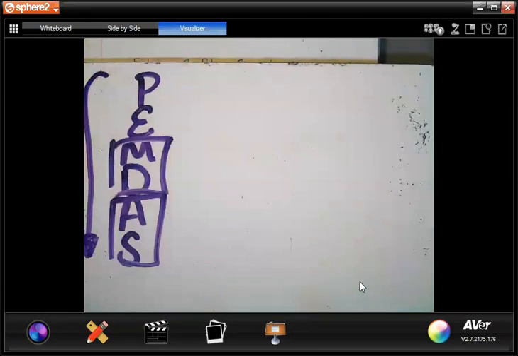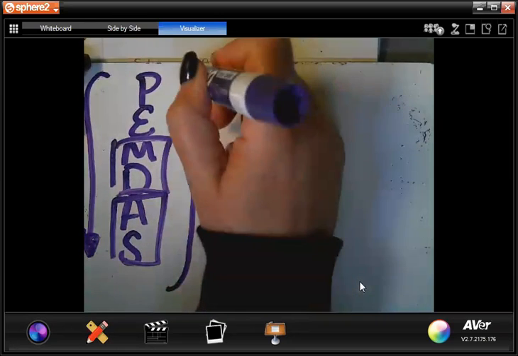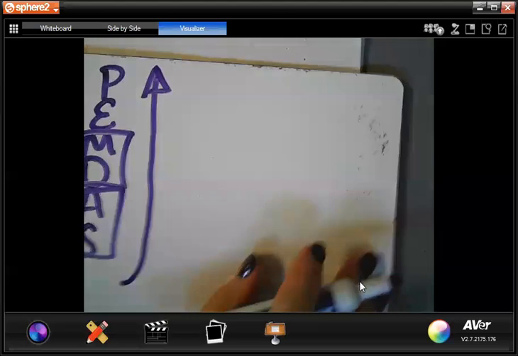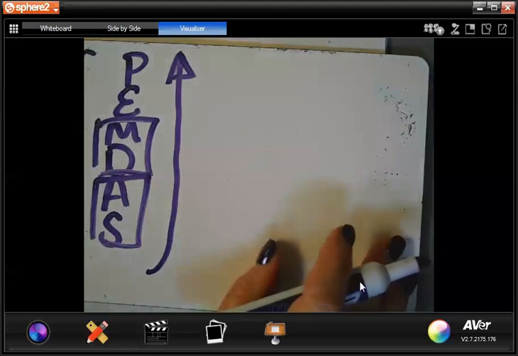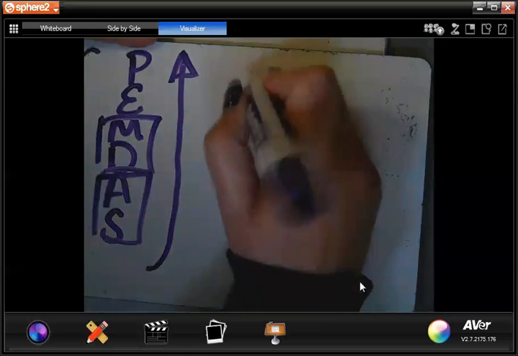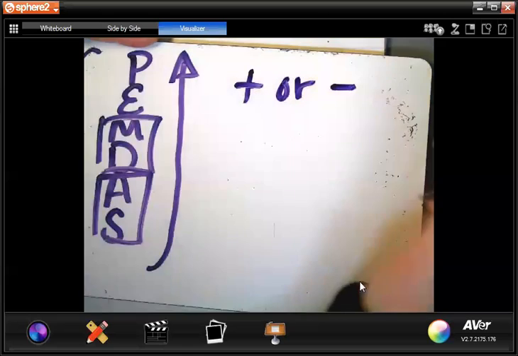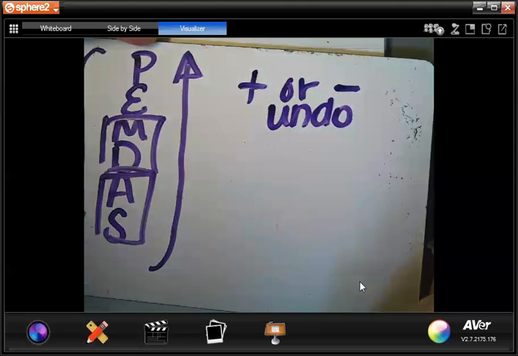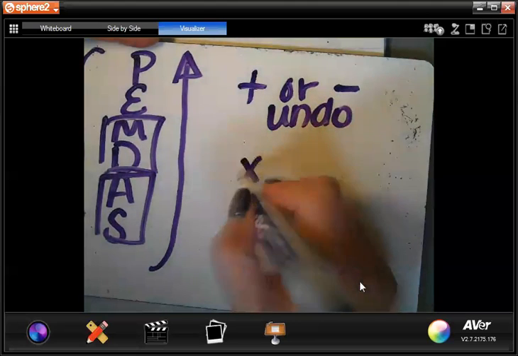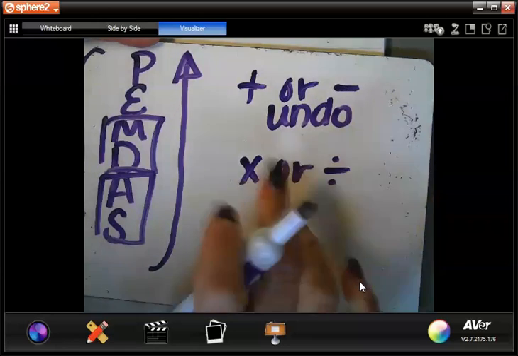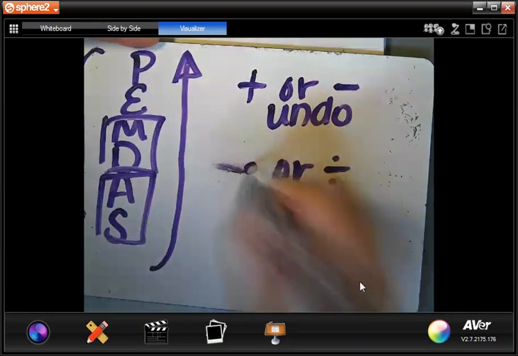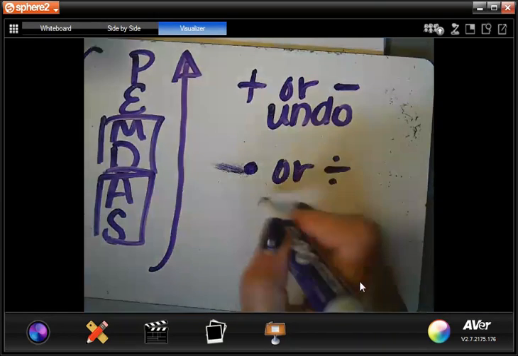So instead of going this way to get the answer, we go this way. The first thing we look for is addition or subtraction, and we undo that. Then we get to the multiplication or division. Oh, sorry. Bad Mrs. Perkin. This is a multiplication dot, to undo.